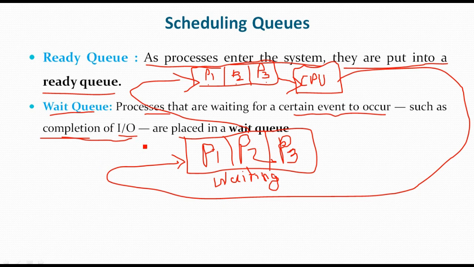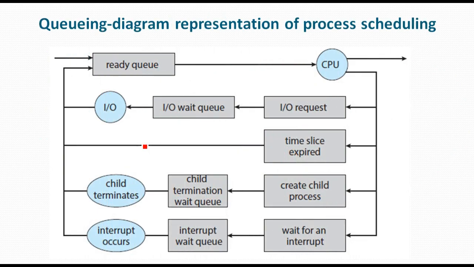After knowing this, let me show you this diagram, which represents process scheduling. Here there is a ready queue. As I said, P1, P2, P3, three processes are in the ready queue. They are waiting for the CPU, ready to execute in the CPU.